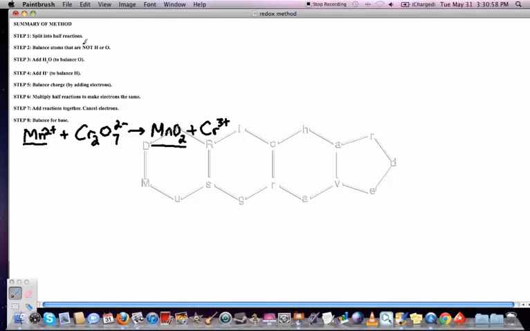So the first thing we need to do is split it into half reactions. Well, what we need to realize here is that it's actually elements that are being oxidized and reduced, so we're just looking for the things that have like elements associated with them. So Mn2+ goes to MnO2 will be one half reaction.